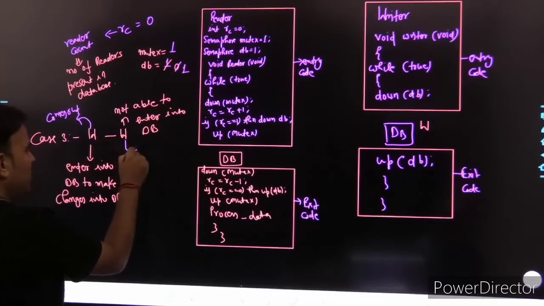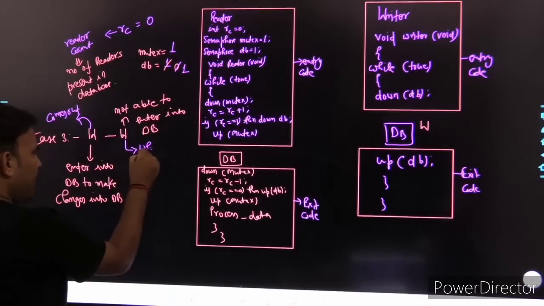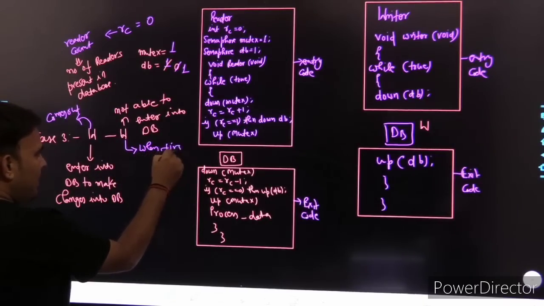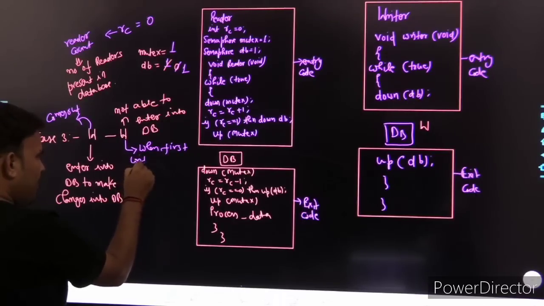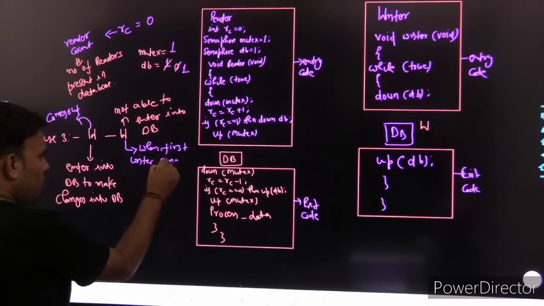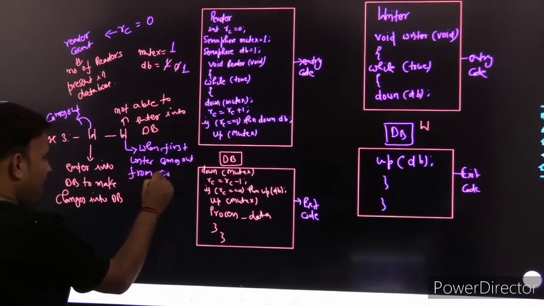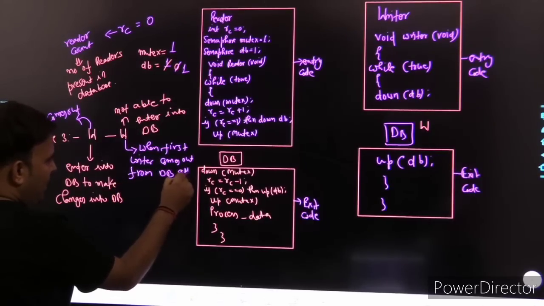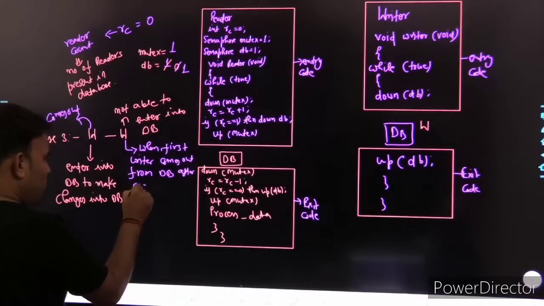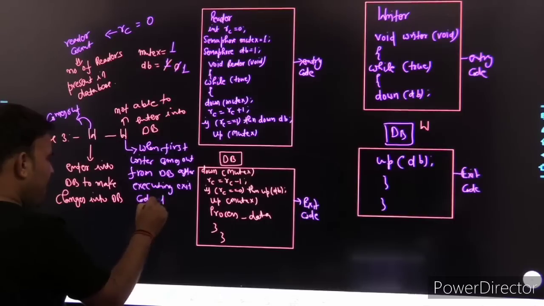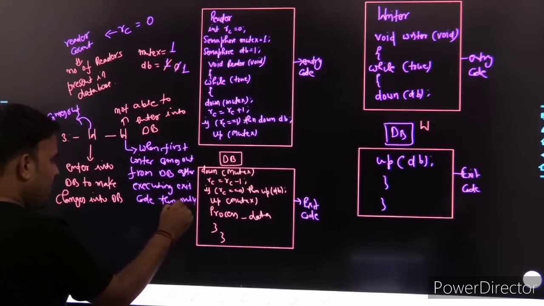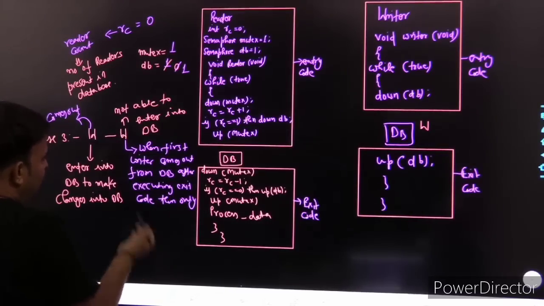Now when the first writer comes out from DB after executing the exit code, then only this writer can go.